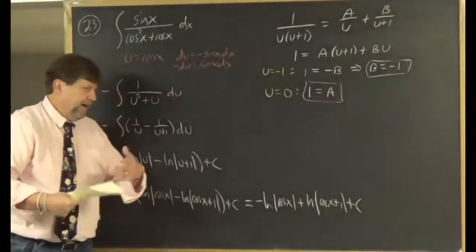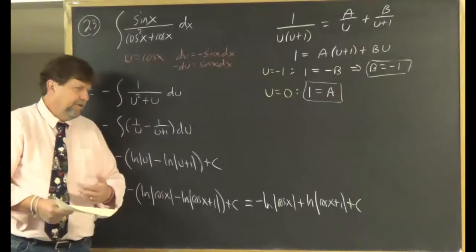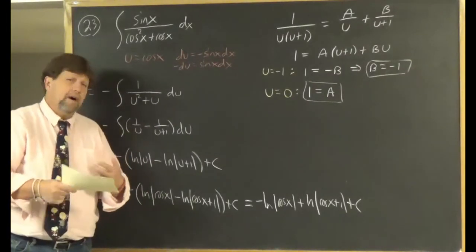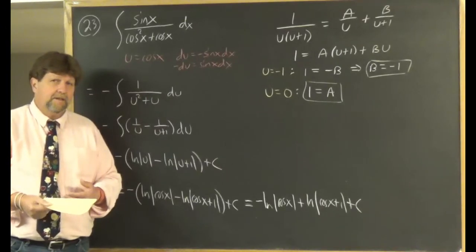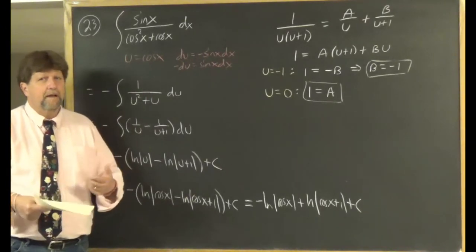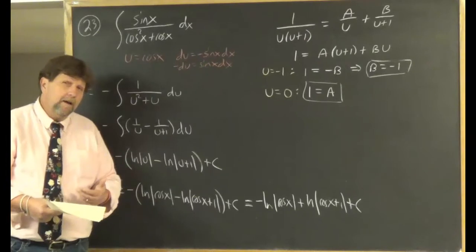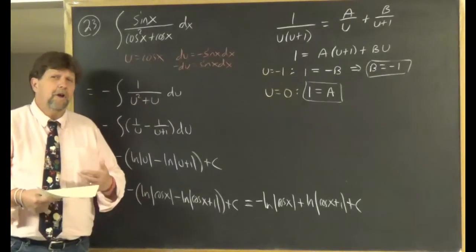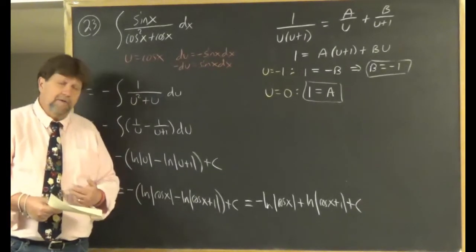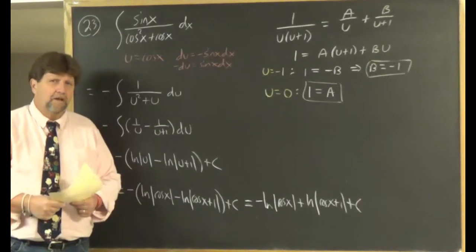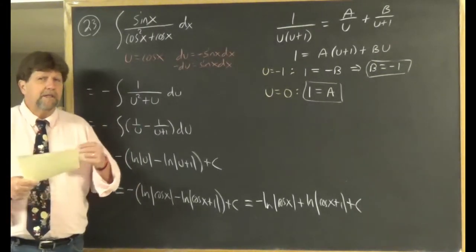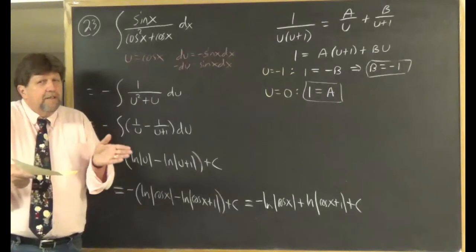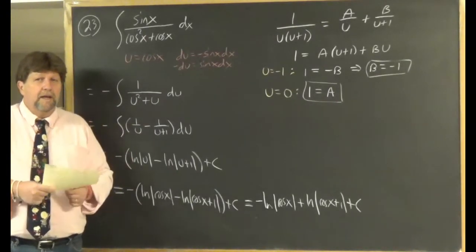Or you could rewrite it as the natural log absolute value of cosine x plus 1 minus natural log absolute value of cosine x, which I'm sure the back of the book would have as the natural log of absolute value cosine x plus 1 over cosine x. They would use a property of logarithms. But 23 is very similar to what 17 was. We used two different techniques in doing the integral.